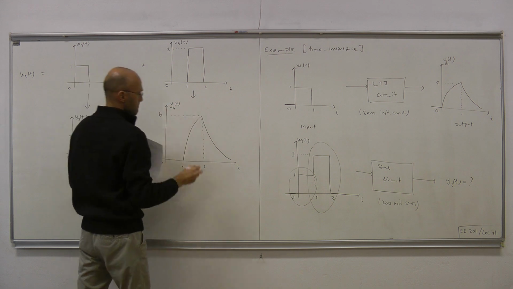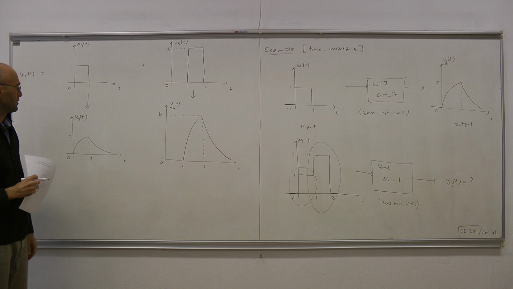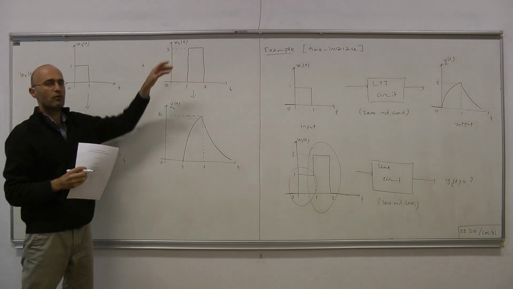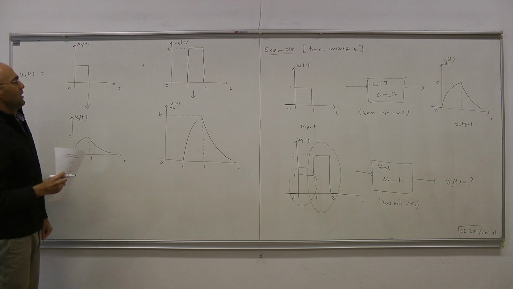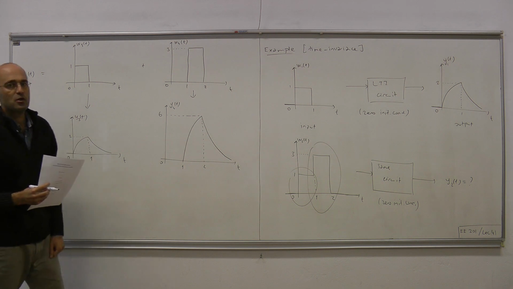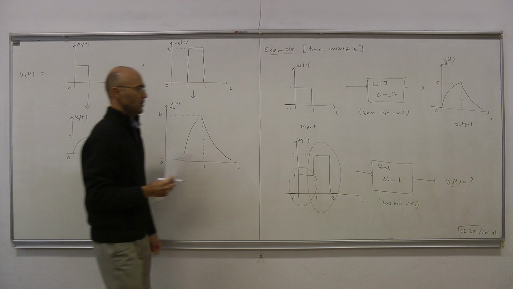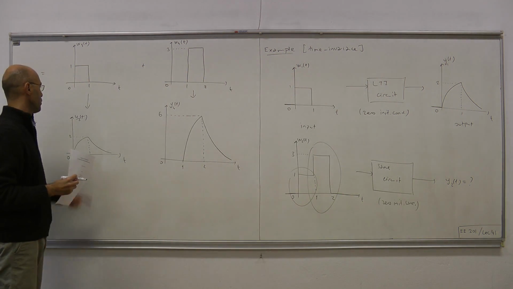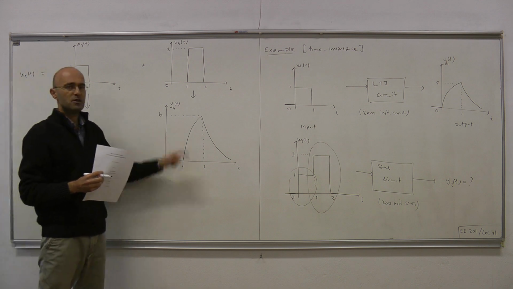And let's call this Y4 of t. Okay. And then, since W2 of t is W3 of t plus W4, we can apply superposition and say that Y2 of t must equal Y3 of t plus Y4 of t.